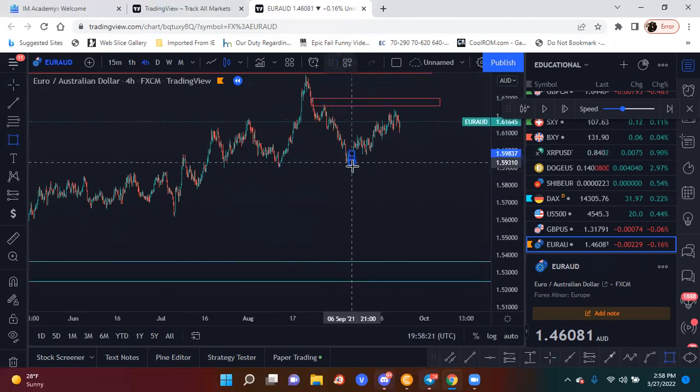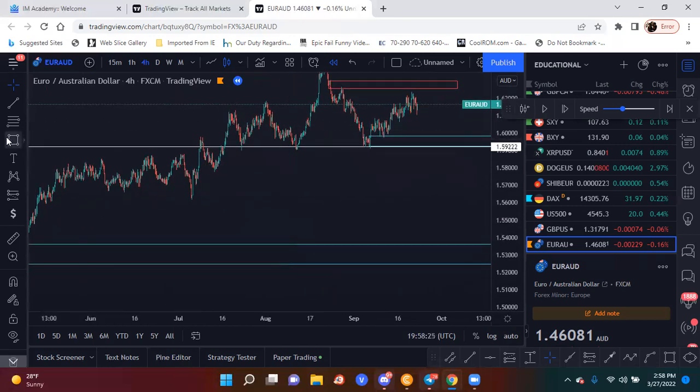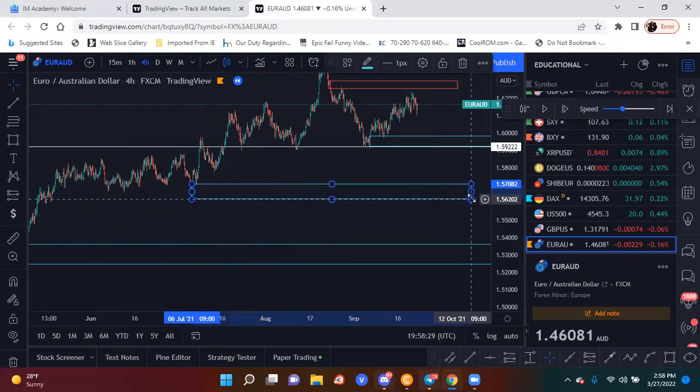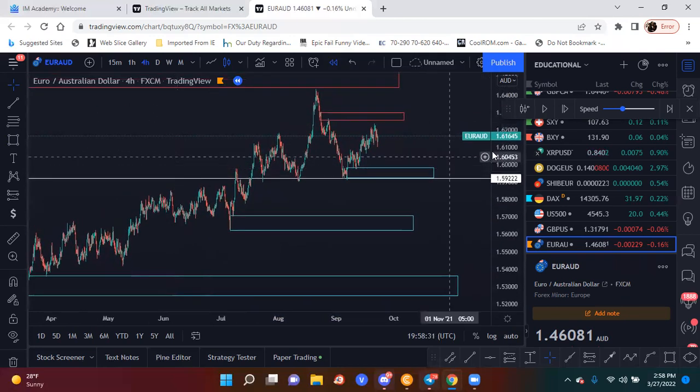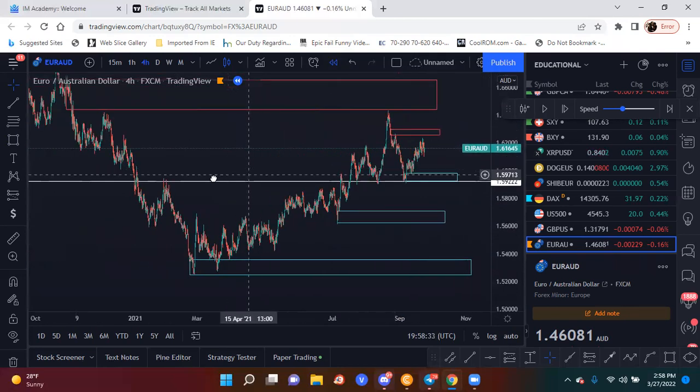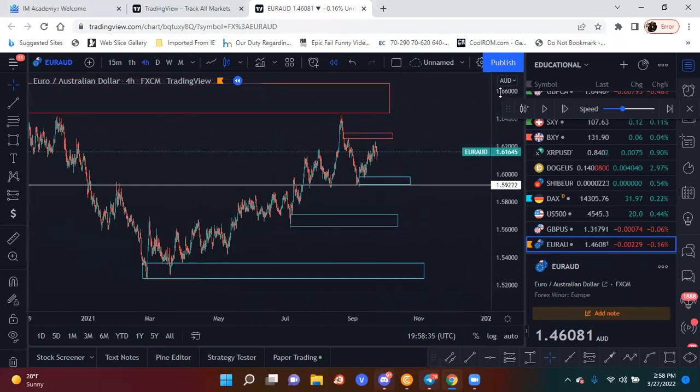Notable areas: there's a zone right there, a few little baby zones, probably one right there. But honestly, we're talking institutional from 66. It's probably going to come back down to 52 from this area.